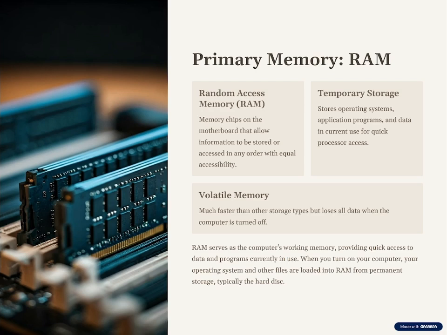When you turn on your computer, your operating system and other files will be loaded on the RAM. That's where they will go, and they will be stored back into permanent storage the moment you are done.